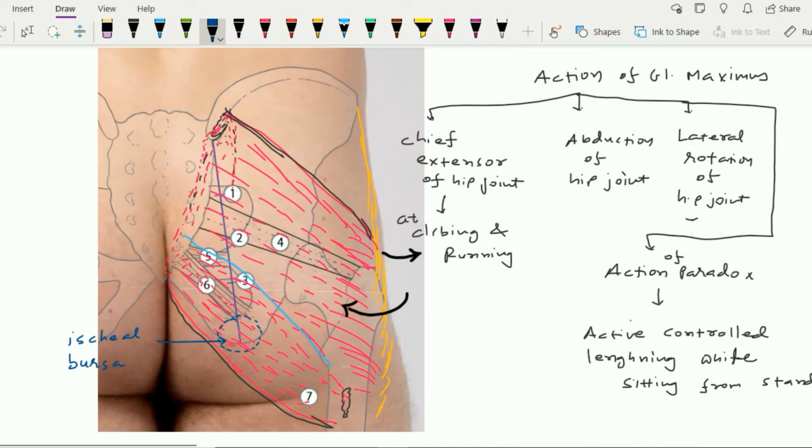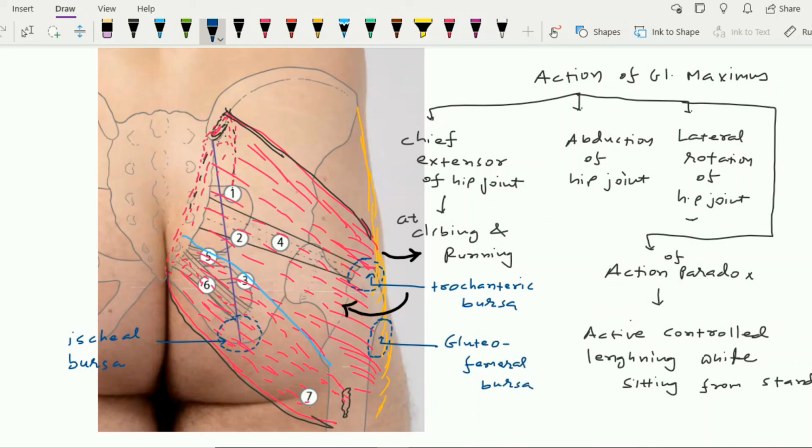The second bursa is situated between the greater trochanter and the gluteus maximus muscle, and that bursa is called the trochanteric bursa. And the third important bursa is situated between the gluteus maximus and the vastus lateralis muscle, and that bursa is called the gluteofemoral bursa. So this is all about the gluteus maximus muscle.